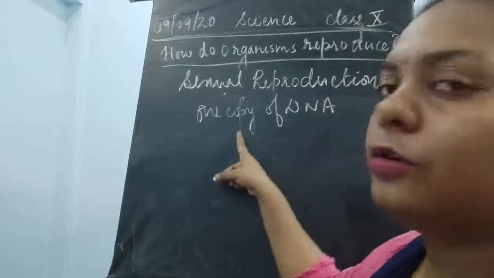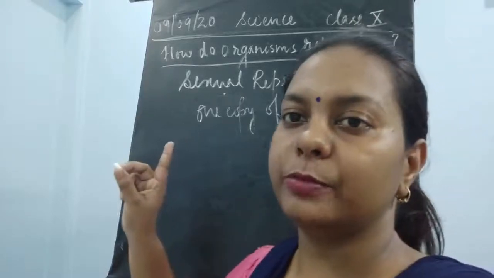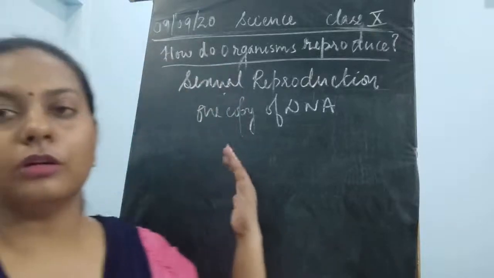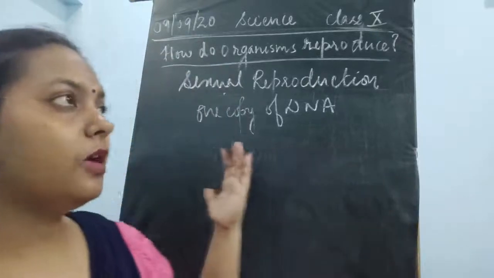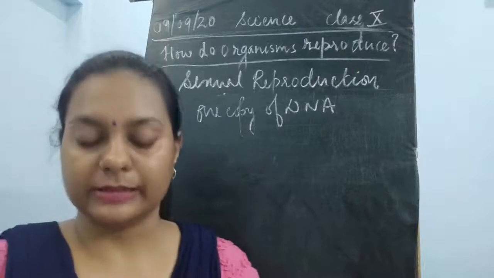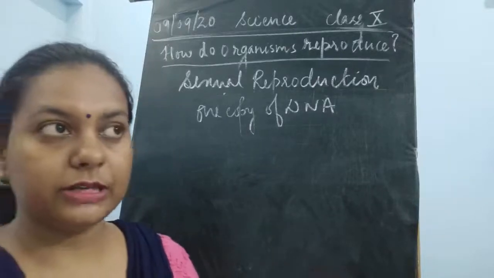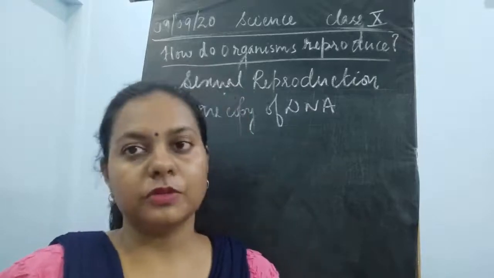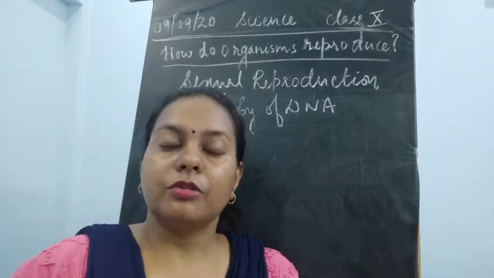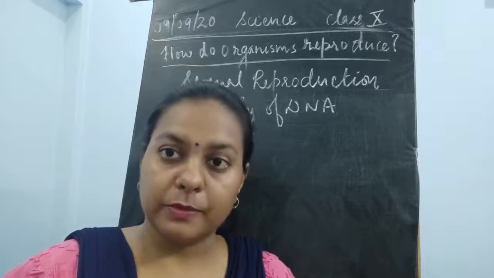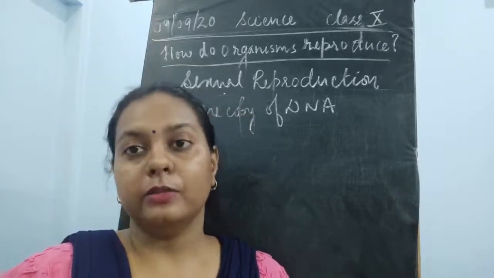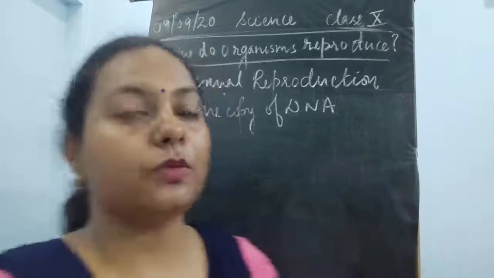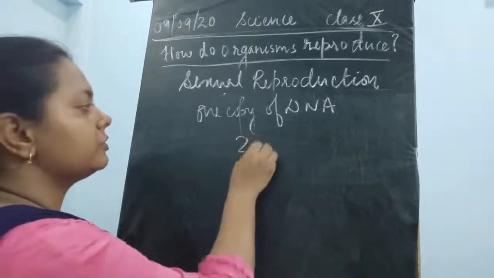If this is half a copy of DNA, means only one strand, only 23 chromosomes would be there. There would be no 46 chromosomes. All other body tissues or cells would have 46 chromosomes, but some cells will have only half the number of copies of this DNA, means only 23 chromosomes.